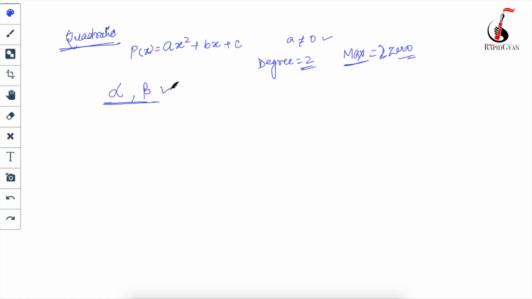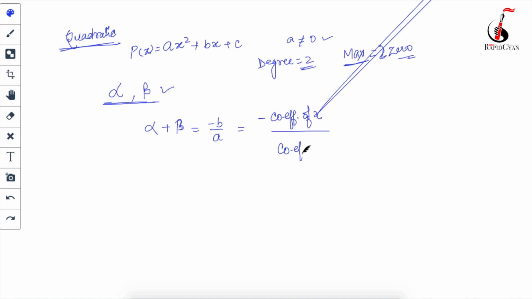So there is a relationship between these. What's the relationship? The sum of the zeros of the polynomial, that is alpha plus beta, is equal to minus b upon a, which is minus the coefficient of x divided by the coefficient of x square.